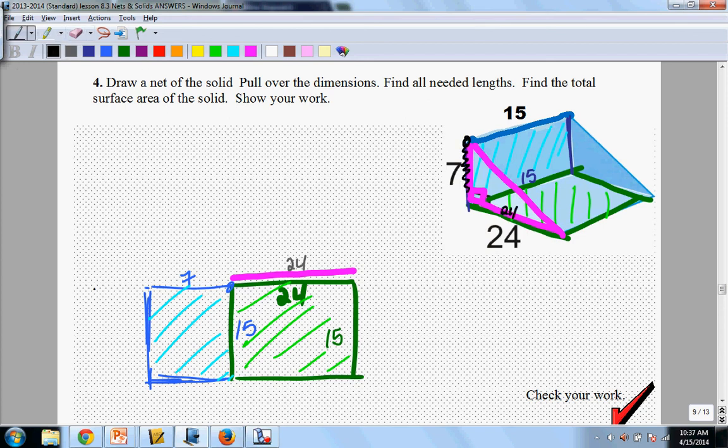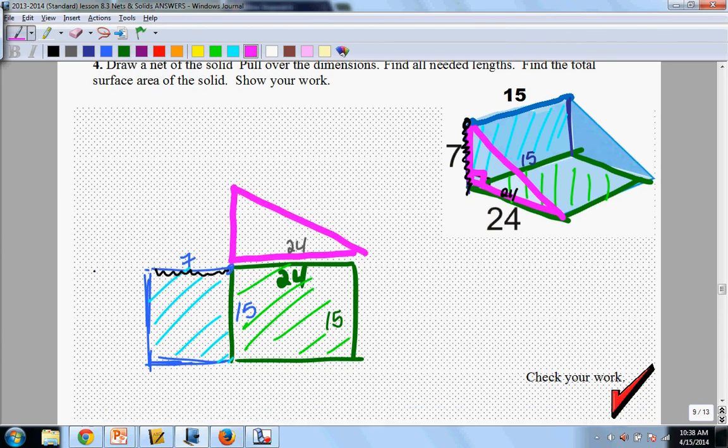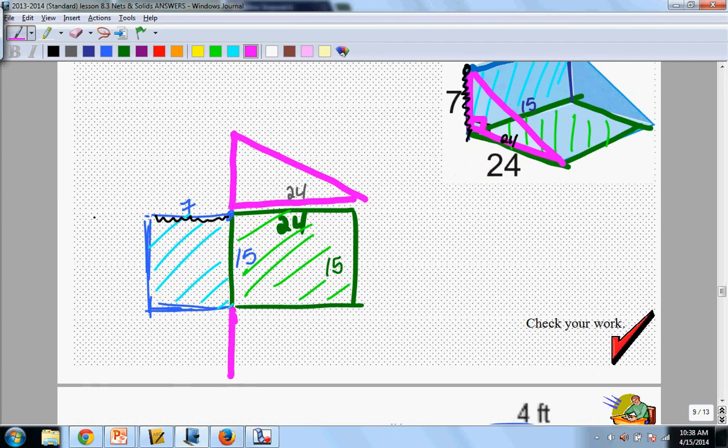Do you see that this edge matches with this edge? So you're going to go 7 that way. There's your triangle. There's your wings. I'm going to bring it down, and there's 2 of them. So we got right angles, right angles. This is 7. That's 7. You still tracking with me?